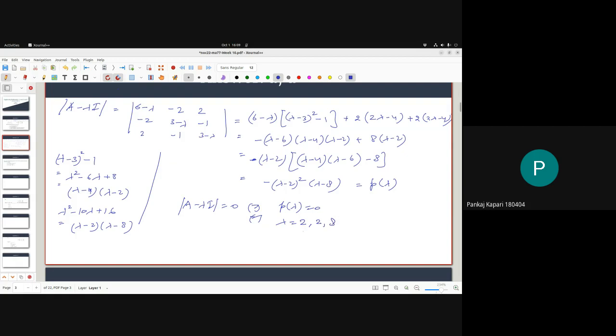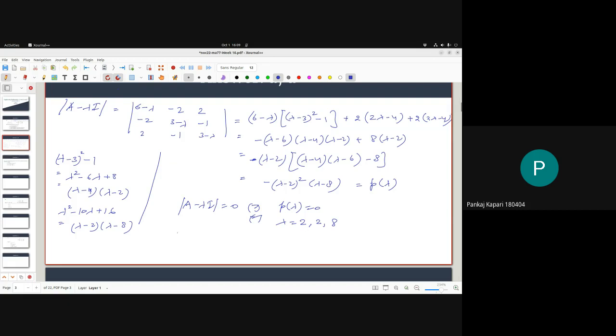One of them is repeated two times, so this 2 is repeated two times. If an eigenvalue is repeated two times, we call that its algebraic multiplicity.